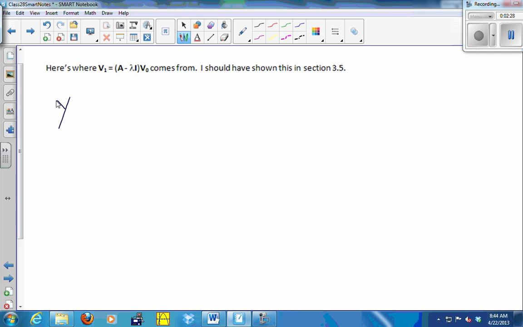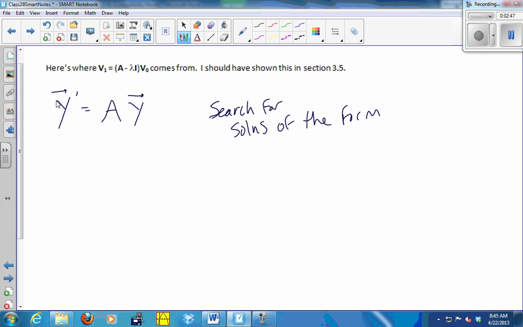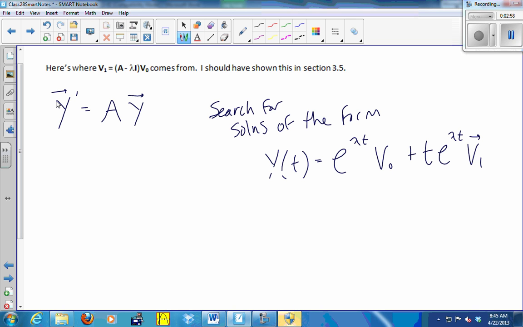We've got a linear system, y prime equals A times y, and we're looking for solutions of the form y of t equals e to the lambda t v naught plus t e to the lambda t v1.